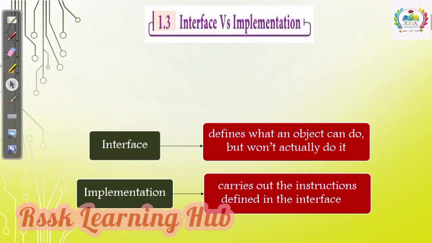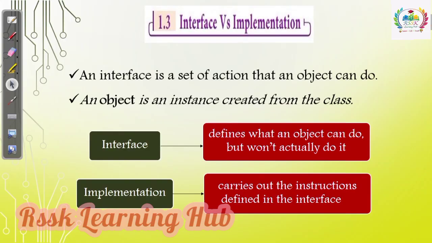Now see, an interface is a set of actions that an object can do. This has been asked as a 2 mark question. An object is an instance created from a class. If you are writing a program, it will have certain classes, and each class can have any number of objects created.